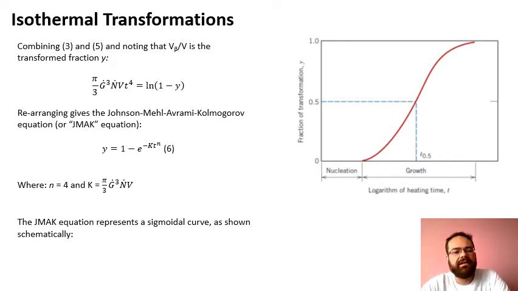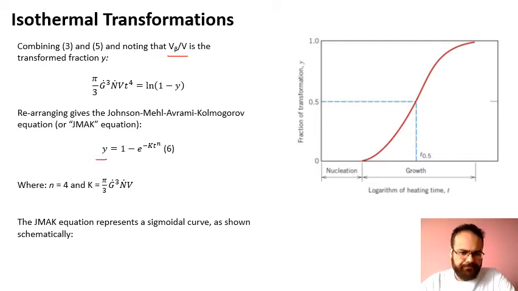We can combine the two previous equations, and we can call V beta by V just some variable y. Then we can rearrange this to see that the transformed fraction y equals 1 minus the exponential of minus k multiplied by t to the power of n.